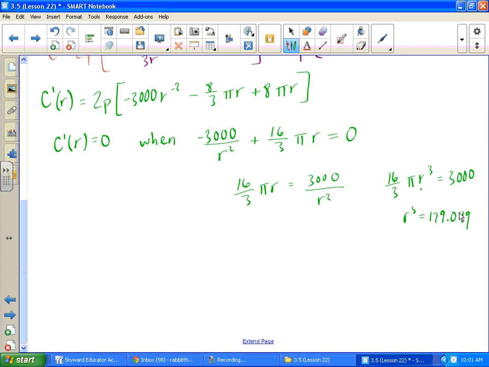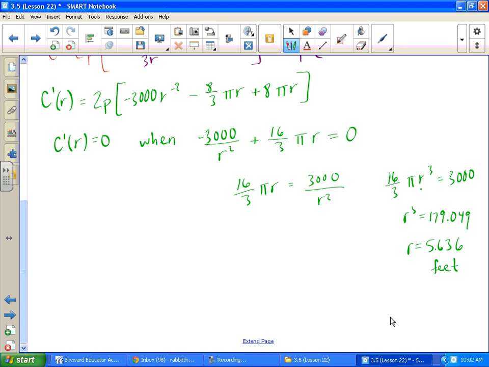You have to make sure the pi's in the denominator. Maybe just divide by 16/3 and then divide by pi. Okay. So I'm going to raise this to the 1/3 power, or you can cube root it if you know how to do that. And we get like 5.636. Is everyone okay with that? What would my label be in here? I think it's in feet, isn't it?